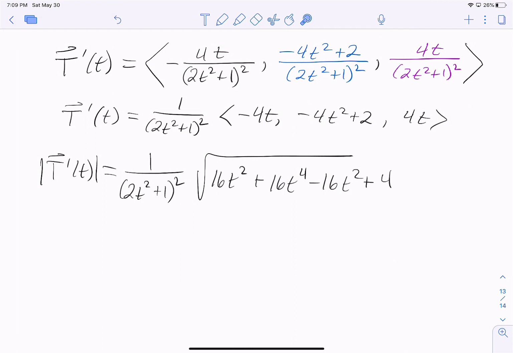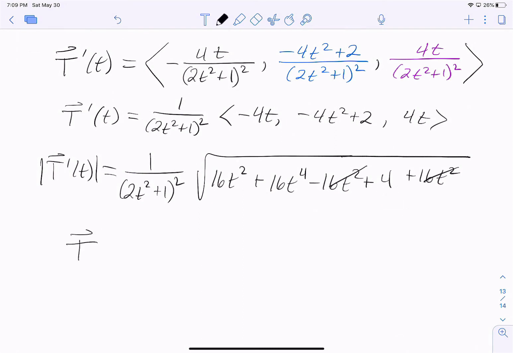That'll be the square of negative 4t squared plus 2. And plus 16t squared for the k component that we had, 4t. I see that 2 of our 16t squareds are going to subtract out. I also see that we have a factor of 4 everywhere at least, and so I'm going to pull that out.